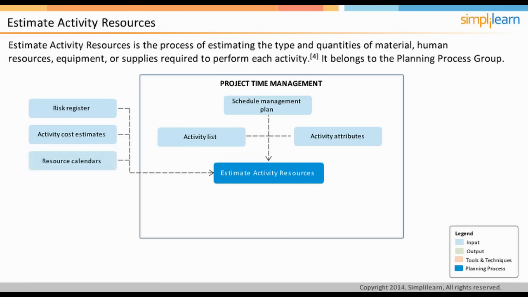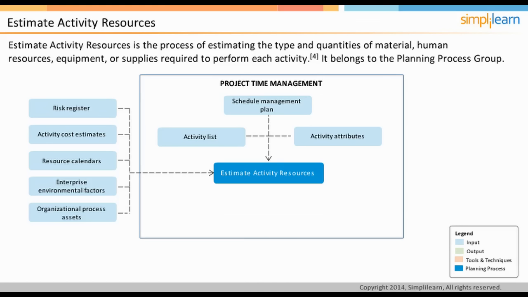Along with this, the resource calendar is also an important input because it has the information about the availability of each of the resources. Some of the enterprise environmental factors that can influence estimating activity resources are availability of required resources within the organization. The organizational process assets is also an important input, as the organization might have standard policies for staffing or for hiring contractors on the project.